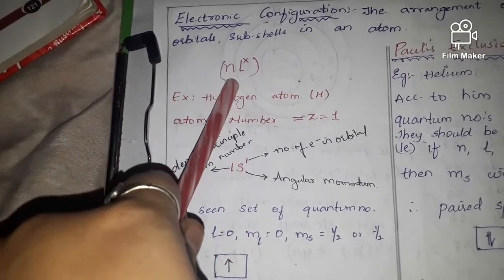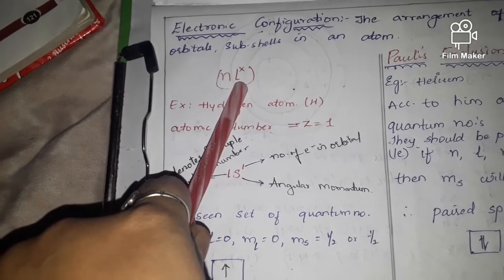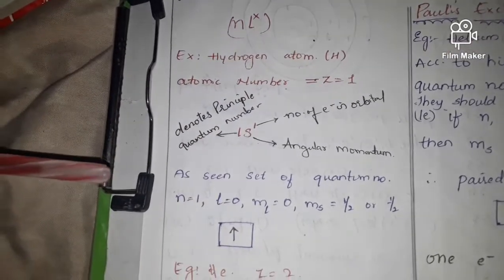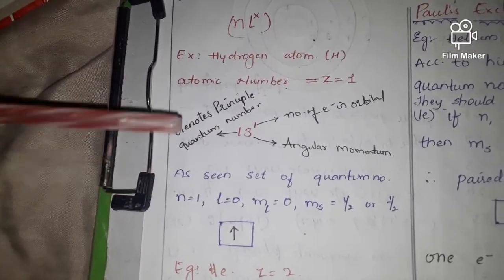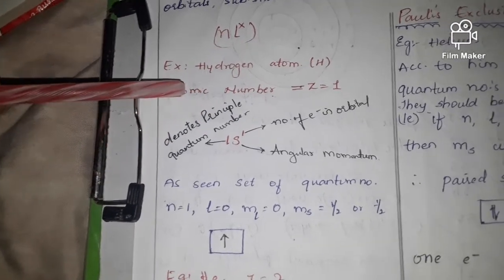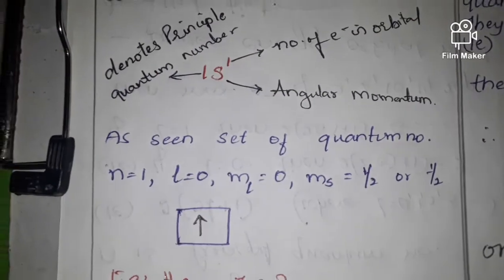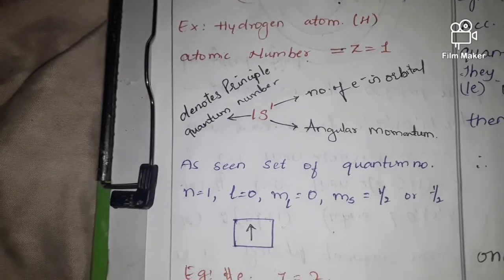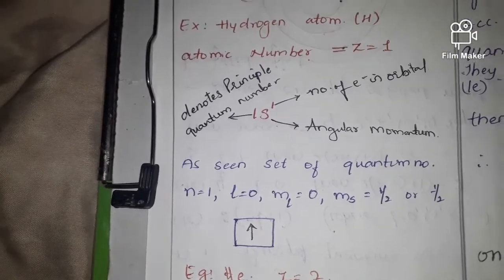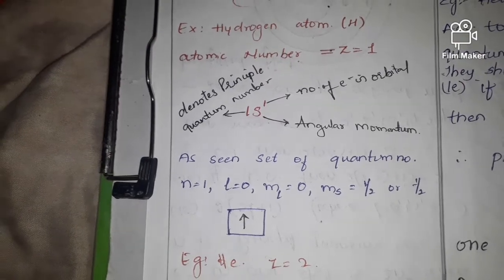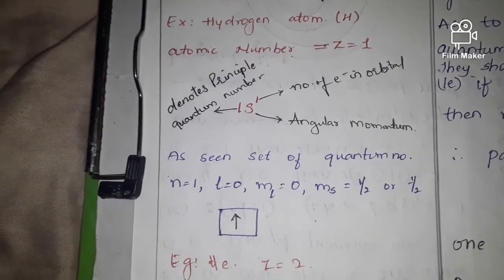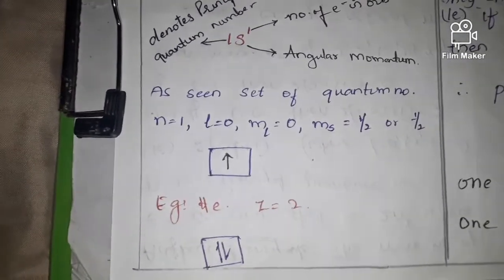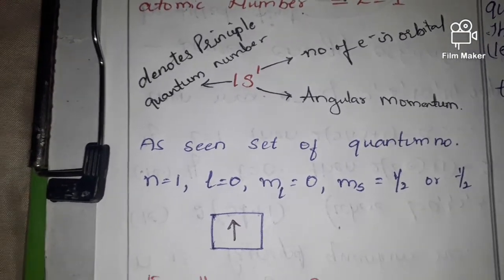As I've already explained, n is the principal quantum number, l is the angular momentum number, ml is the magnetic quantum number, and ms is the spin quantum number.